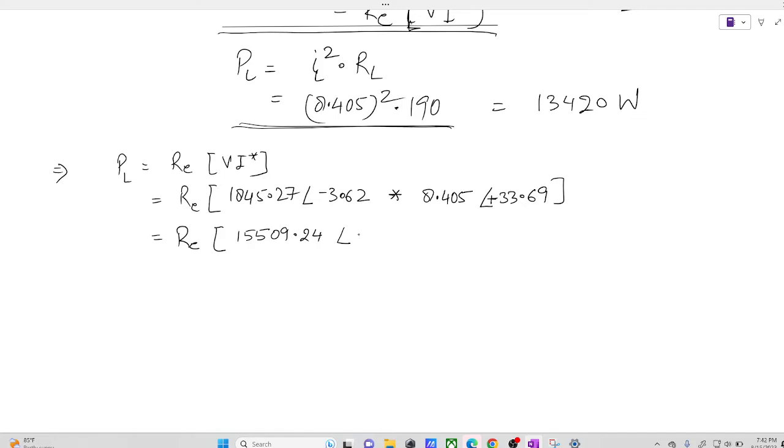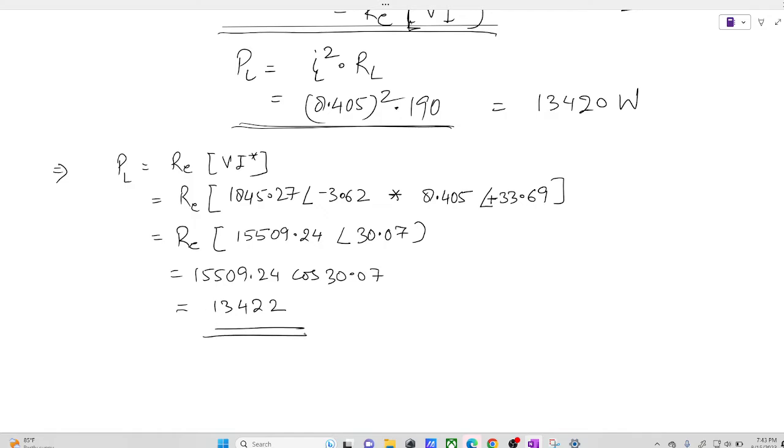Answer 15509.49, sir. Yes. And angle 30.07. So the real part will be 15509.24 cos of 30.07, that is coming approximately 13422.